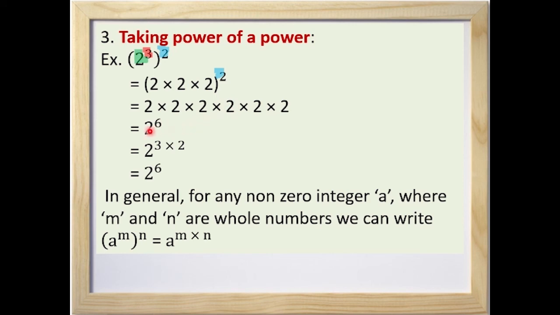So, we can write this as 2 raised to the power of 6, or 6 can be written as 3 into 2. But what are 3 and 2? 3 and 2 are the exponents inside and outside the bracket. That means we simply have to write the base and multiply the exponents.